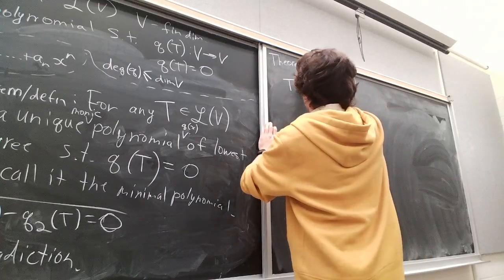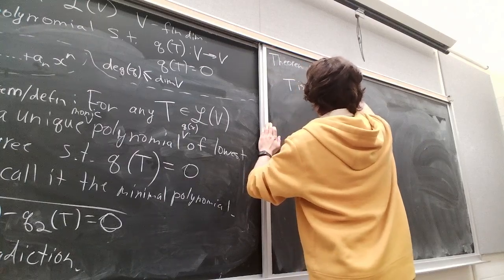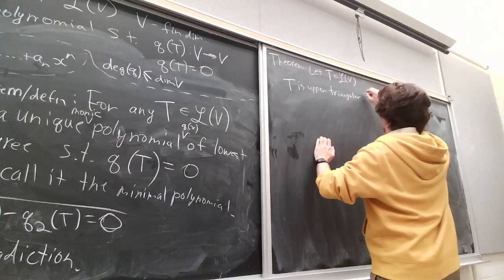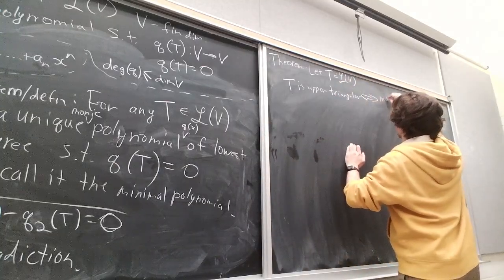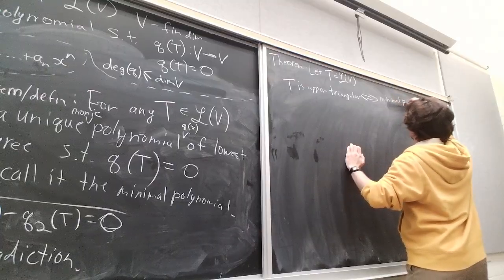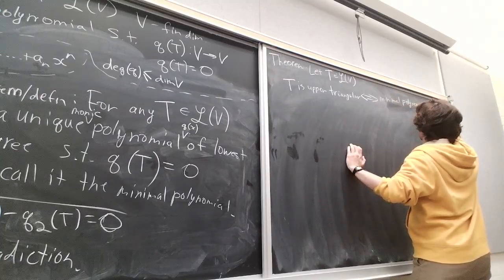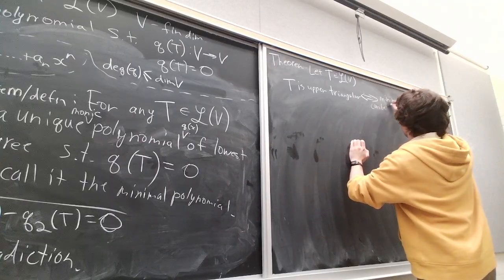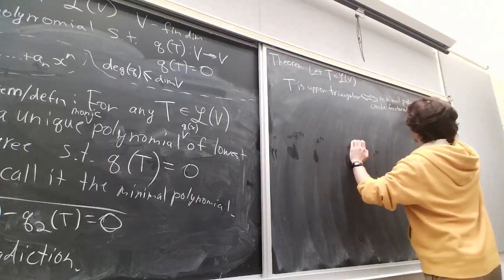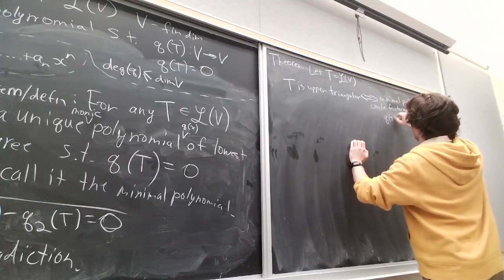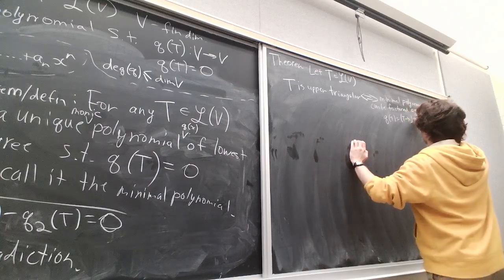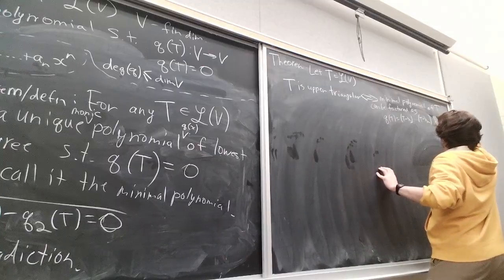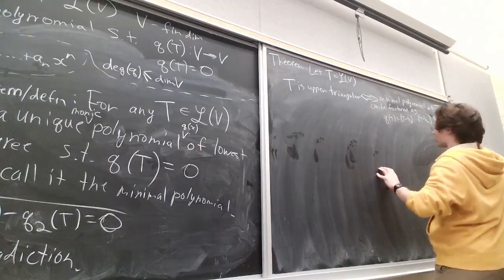Then T is upper triangular is equivalent to the minimal polynomial of T can be factored as q of x equal to (x minus lambda 1) dot dot dot (x minus lambda m), where lambda i is in our field for all of the i's.